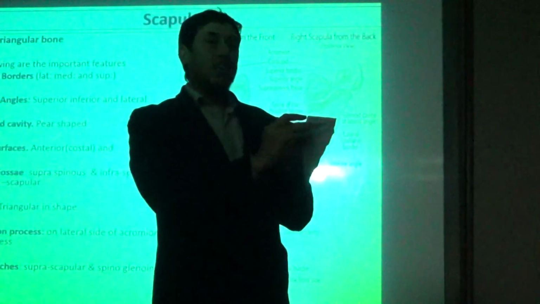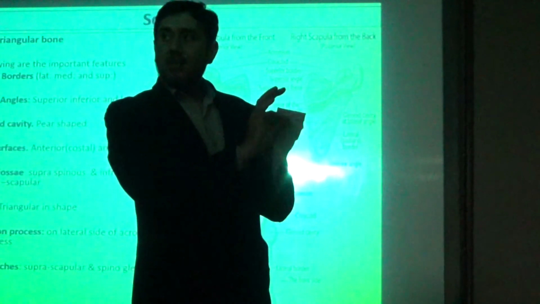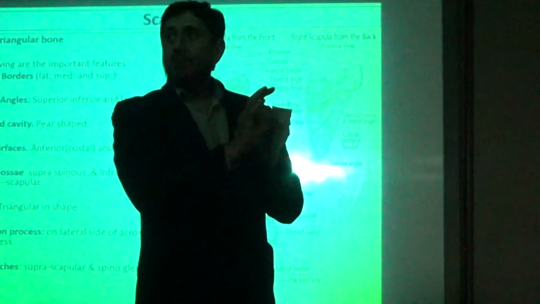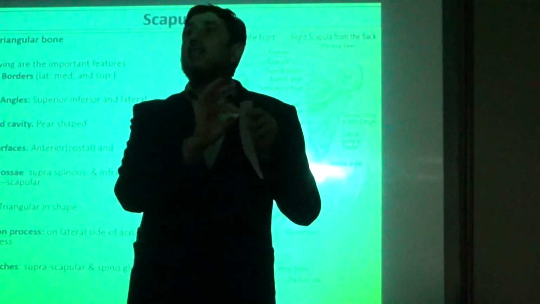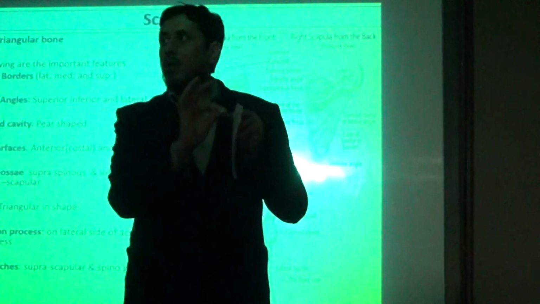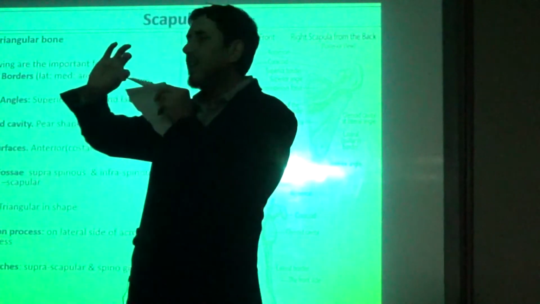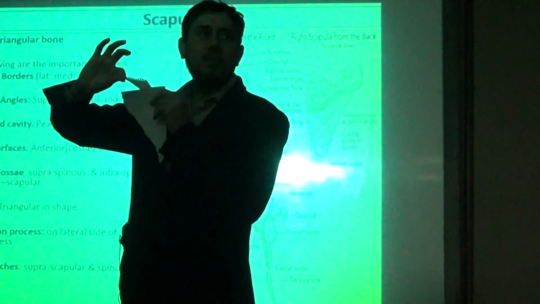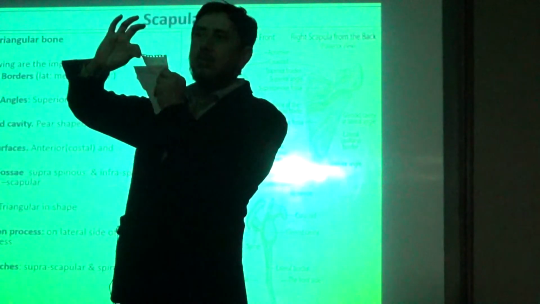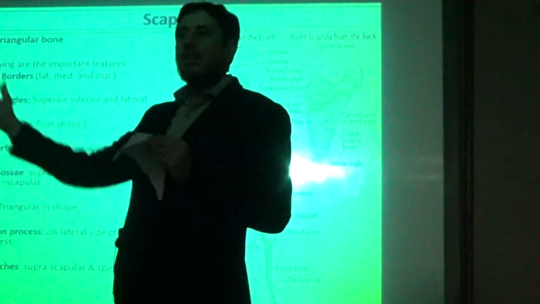On the posterior surface you will find a spine. What is that called? Spine of the scapula. It's triangular in shape. Again, the lateral end of the spine is known as the acromion, which is above. Good, you have done.